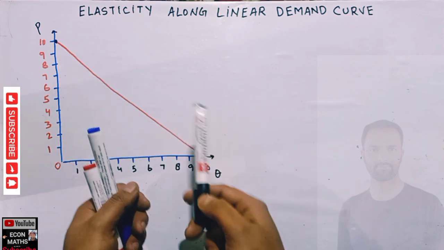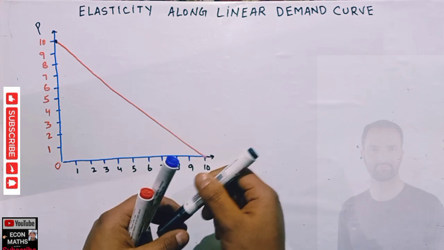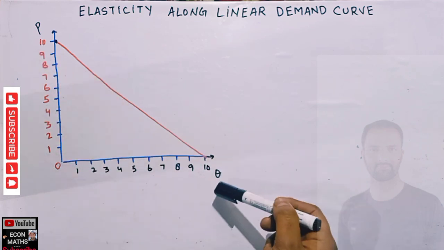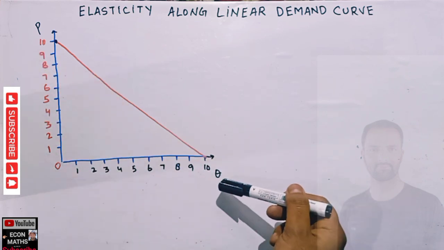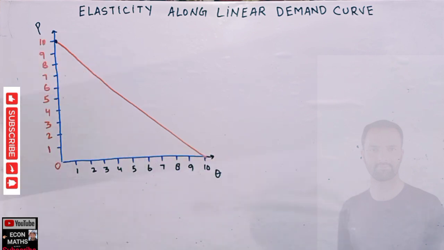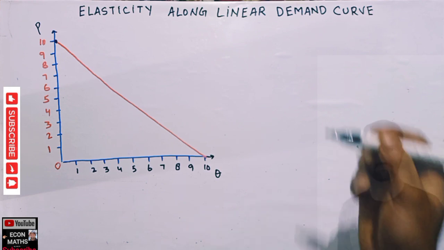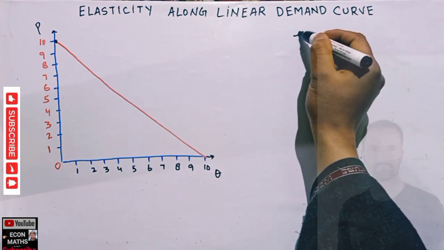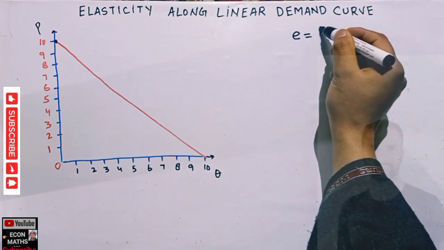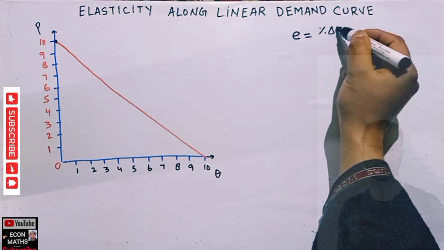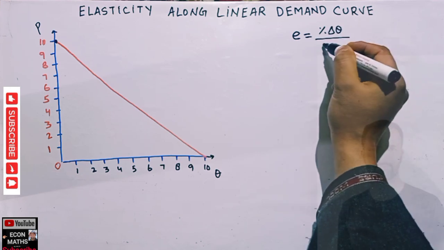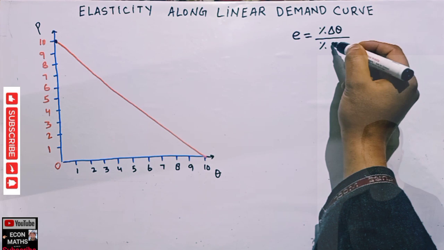Okay, so let me give you an example. We have quantity on the horizontal axis, and we have the price on the vertical axis. What is the price elasticity of demand? Price elasticity of demand is given by percentage change in quantity demanded upon percentage change in price.